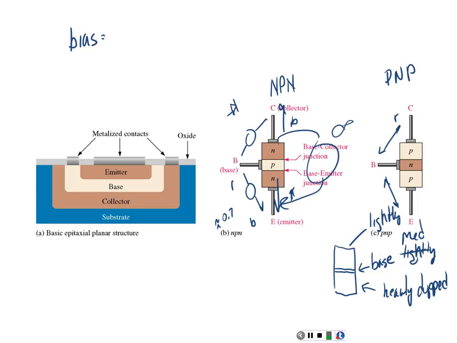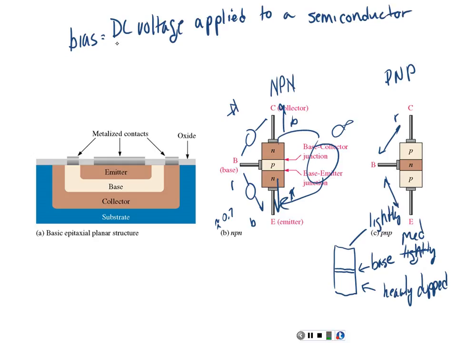Close. It's a DC voltage applied to a semiconductor that controls or determines its electrical characteristics.